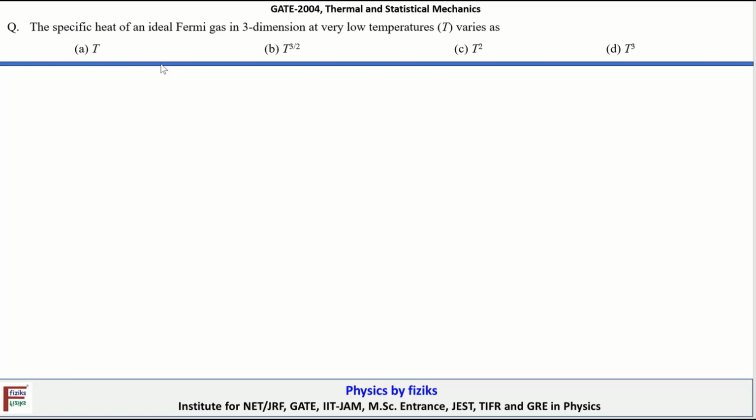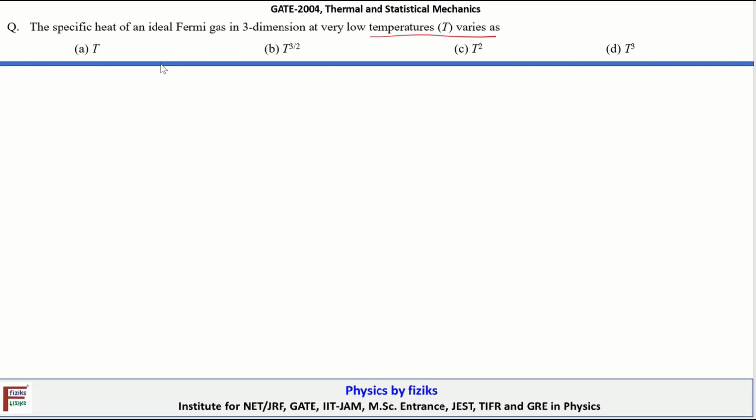So let's continue with the next problem. The specific heat of an ideal gas in 3 dimensions at very low temperature T varies as. Okay, so this question can also be discussed in solid state physics, but because the mathematical foundation is based on results from statistical mechanics, that's why I have included this problem here.